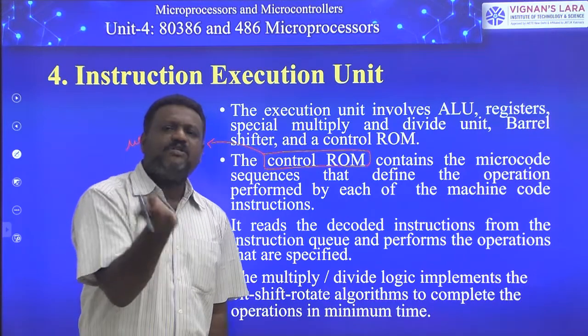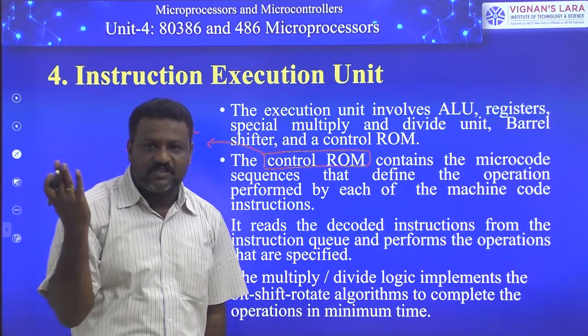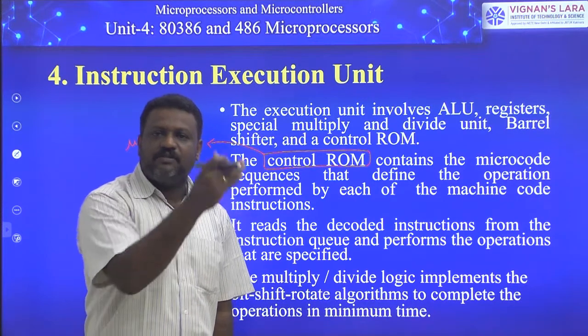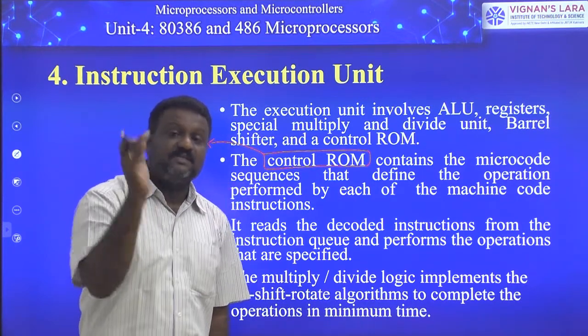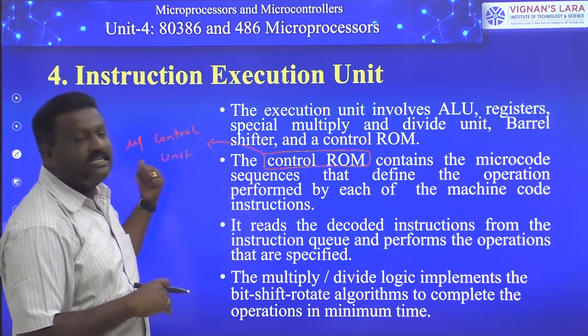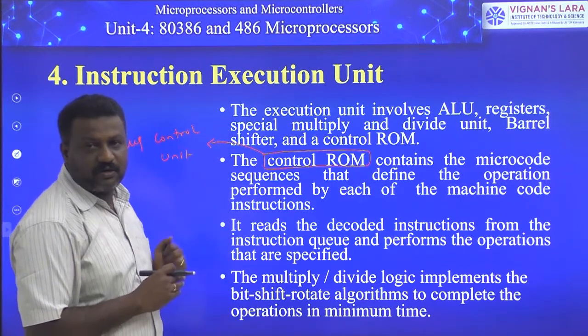Your 80386 has more instructions, it can do more operations, so your 80386 comes under CISC processors, so it has a microprogrammed control unit.